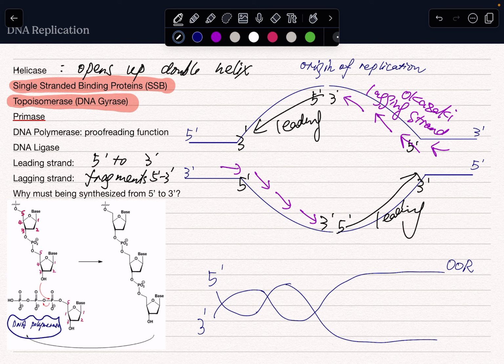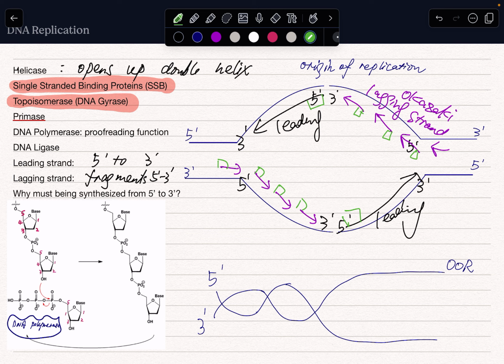Okay, so now we need to discuss the primase, right? Because before we can continue the elongation of the DNA replication, we need to have some primer. And for each fragment, we need a primer. Right?